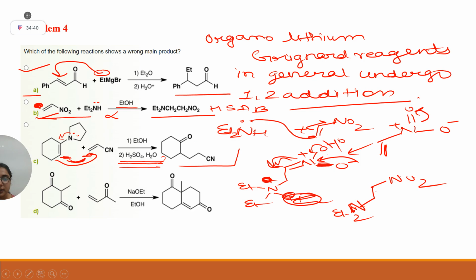Ma'am, in option B and option C, where the nitro and the cyanide are there, we are saying that it is the softer side because of the presence of the double bond. We are comparing within this same system. In this system there are two electrophilic centers, one is your nitrogen, one is your carbon.